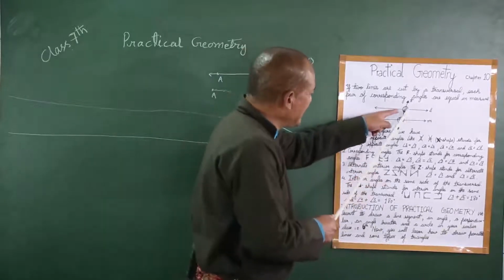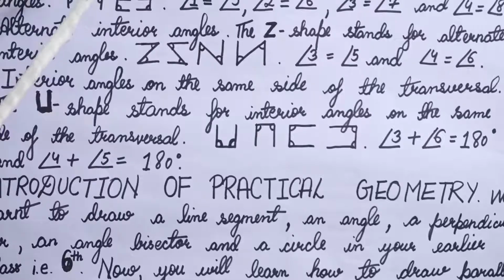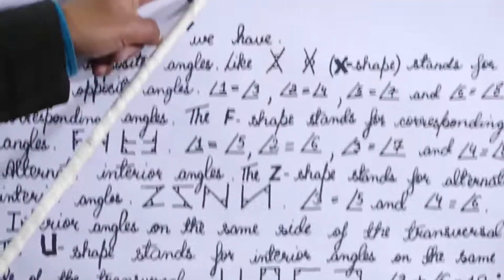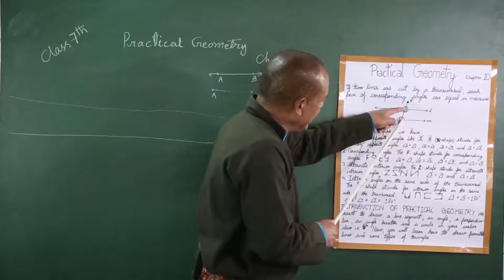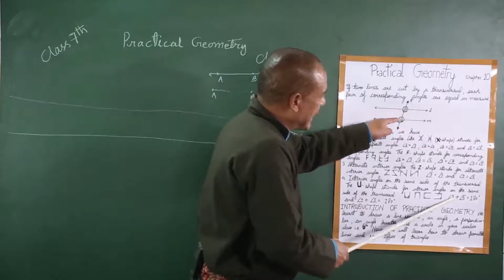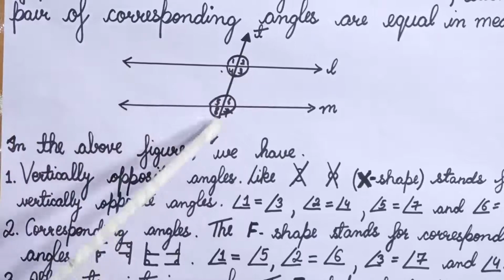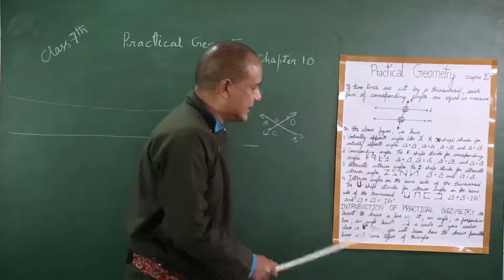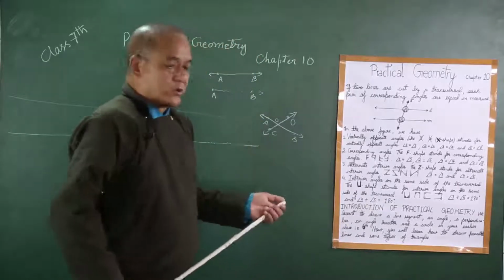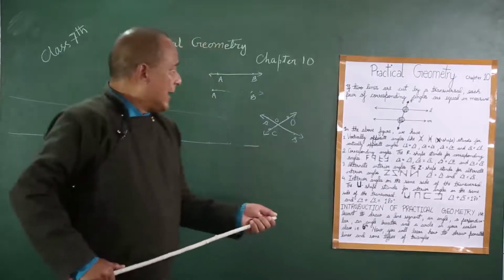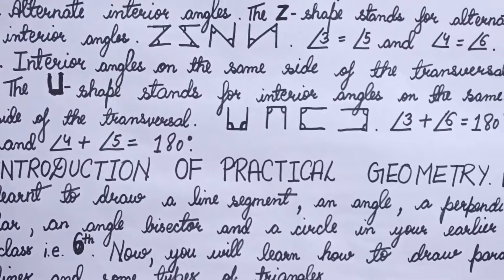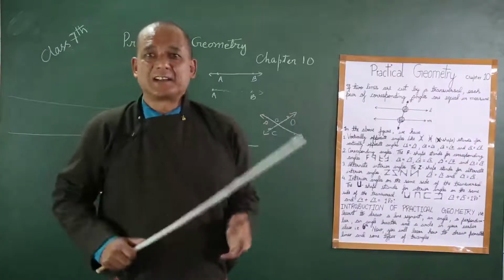So for example, angle 3 and angle 6, their total is 180 degree. And then angle 4 and angle 5, their total is 180 degree. So this is what I explained about what happens when two parallel lines are intersected by a third line called transversal.